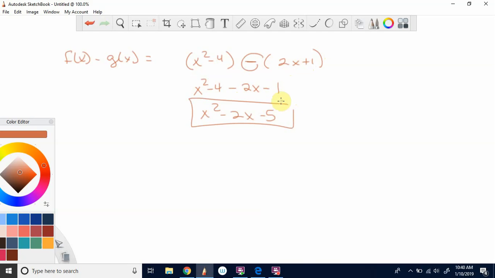Again, that domain is all reals, and the range is y greater than or equal to negative 6. So the domain and range of an addition or subtraction is whatever the domain and range of the resulting function is. All right, so pause, do guided practice 1A and 1B.